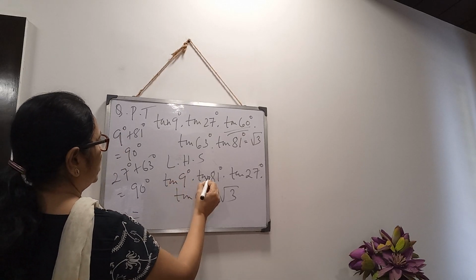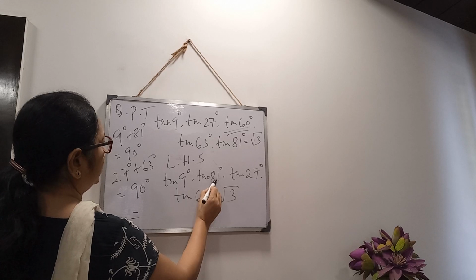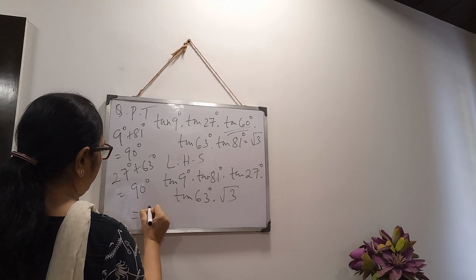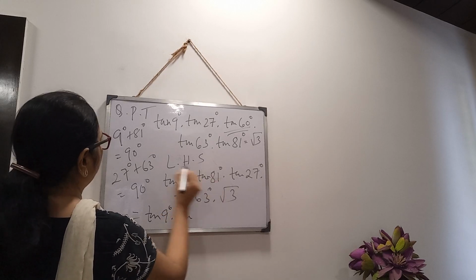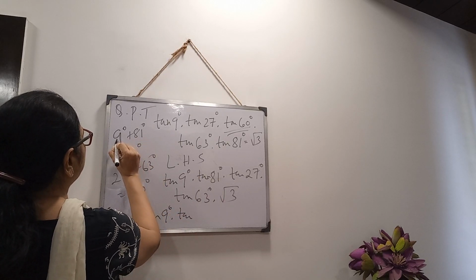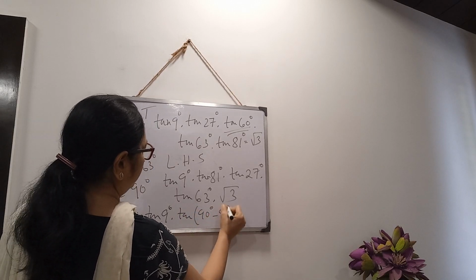Now here we will convert either 9 in terms of 81 or 81 in terms of 9. So tan 81 we can write as tan of 90 degree minus 9 degree.